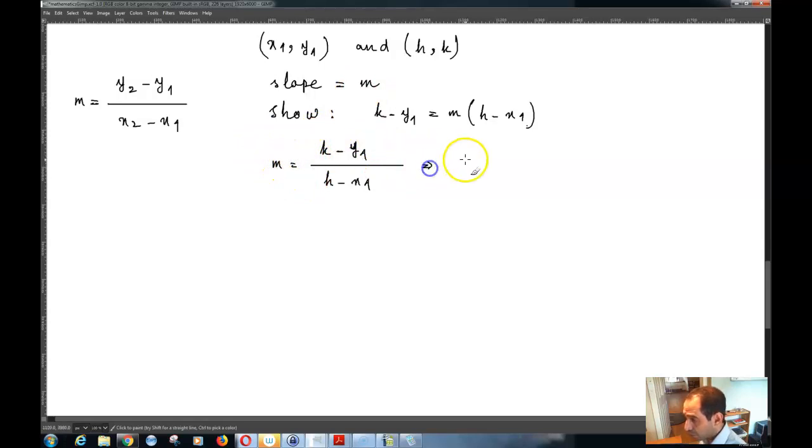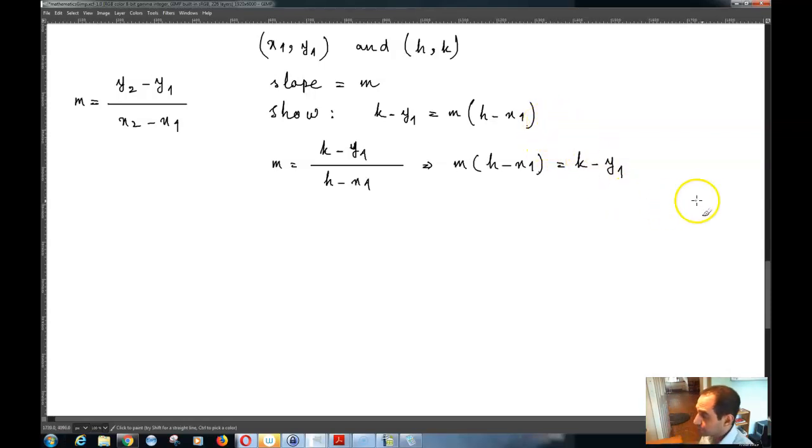Then if you cross multiply, you'll get m times h minus x1 is equal to k minus y1, and of course that is again the equation of a line that we will study in this chapter, I suppose.